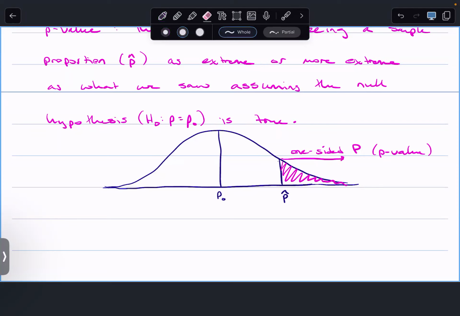And maybe I'll call it the p-value. I'll switch these around, sorry. p on the table. They didn't write p-value, they just wrote p.